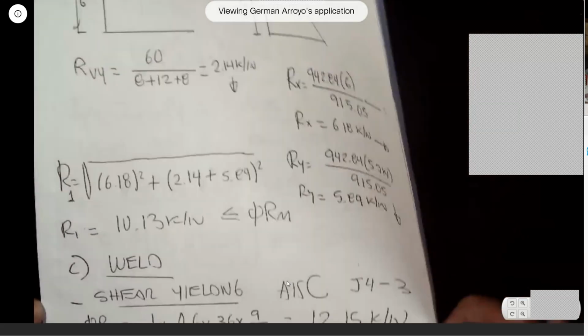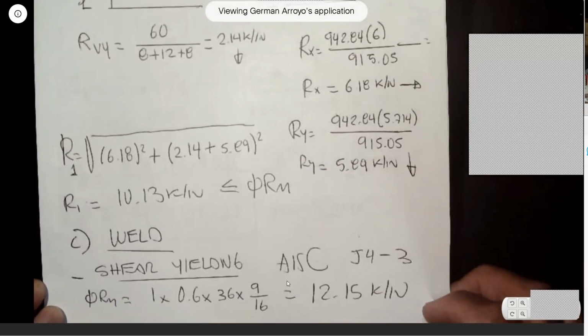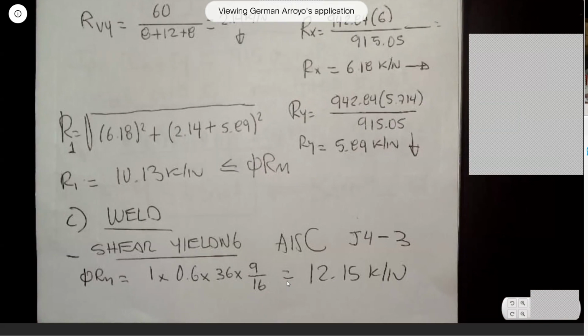So here below, I'm doing the shear yielding. And we already did shear yielding before, but just in case, I have put in here the equation. And remember, the shear yielding is in chapter J, very close to where you find the block shear equation.